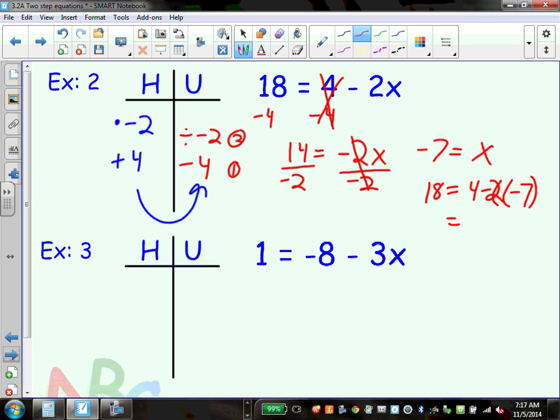So that would be 4 minus negative 14. Well, 4 minus negative 14 is the same as 4 plus 14, which does end up being 18. So it worked. That's our answer. We got it correct. So I circle it, and we are good to move on.